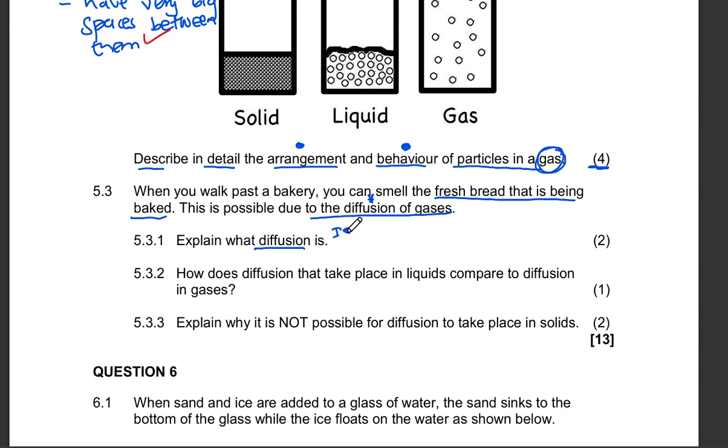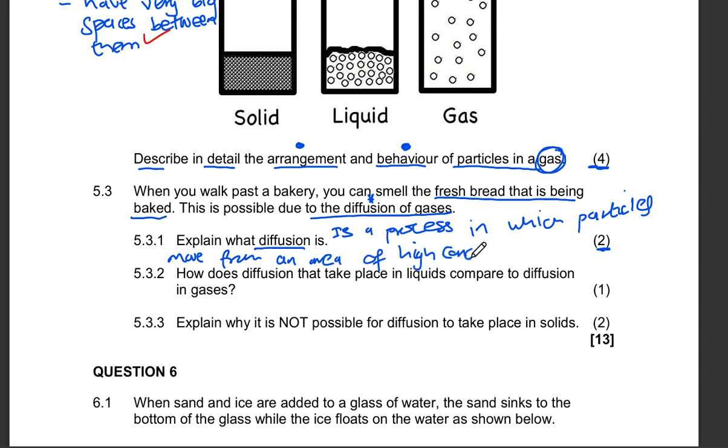So this is a process, and we need to explain it in a way that we can get full 2 marks, guys. This is a process in which particles, let's not complicate life, in which particles move from an area of high concentration to an area of low concentration.